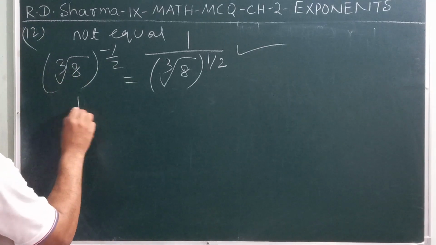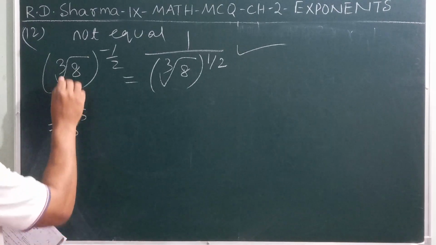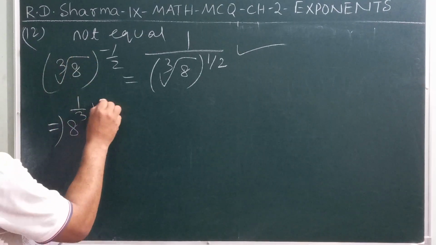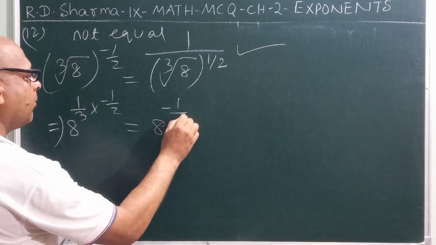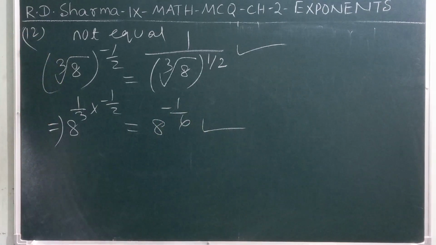8 to the power 1 by 3 equals 8 to the power 1 by 3 to the minus 1 by 2. 8 to the power minus 1 by 6. It is okay.